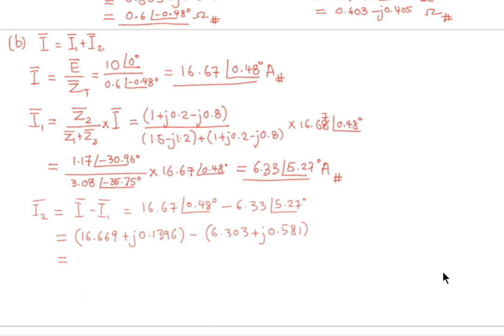That gives me 10.366 minus j0.4414. In polar form that is 10.375 angle minus 2.44 degrees ampere. Right, so in total I have the total current I, I1 and I2. So that's my answer for part B.